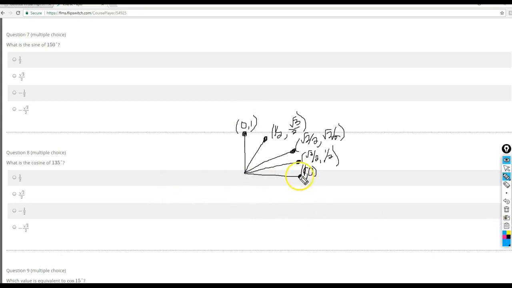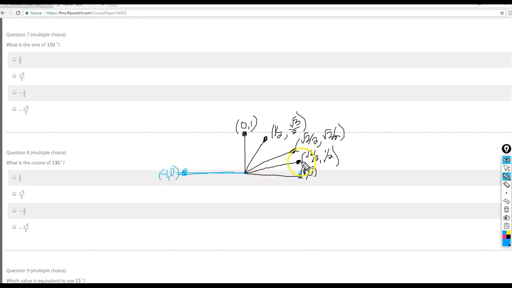Now the reason why I'm recommending you memorize just the first quadrant is because each of the following quadrants can be made by reflecting these points. So, for example, if I wanted to know 180 degrees, I would reflect this point, and it would be, since it's in quadrant 2 and we're headed to the left, -1, 0.